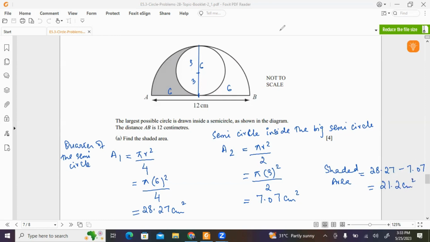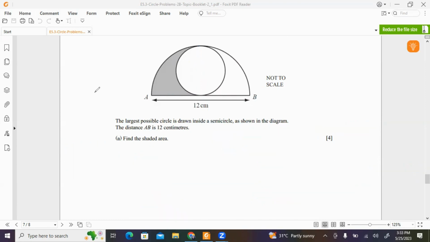Now comes the perimeter. I know that this, so we find the arc length.